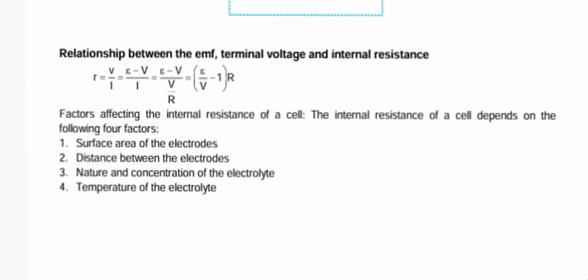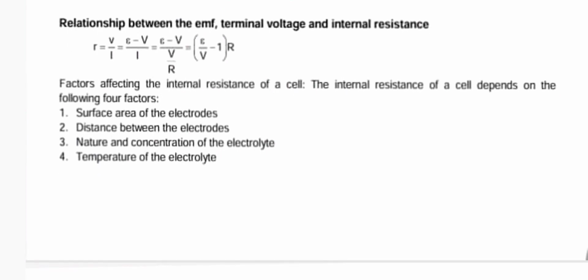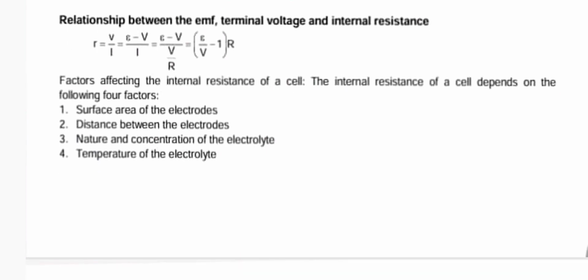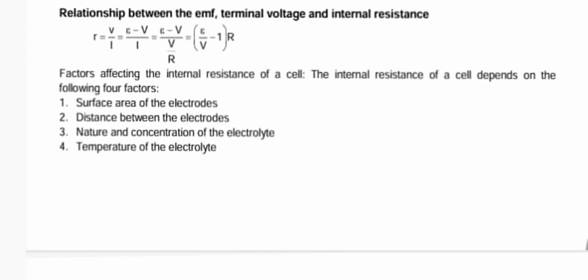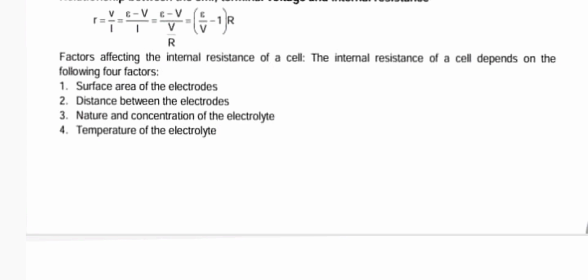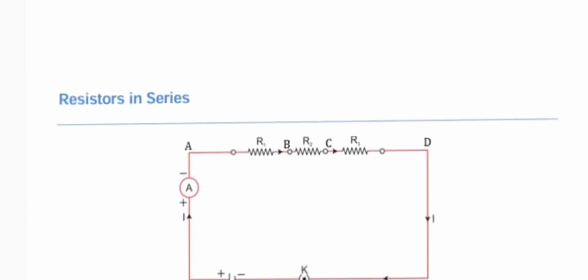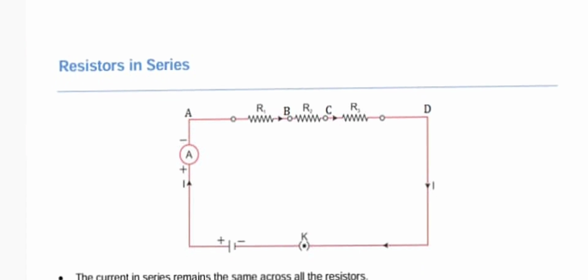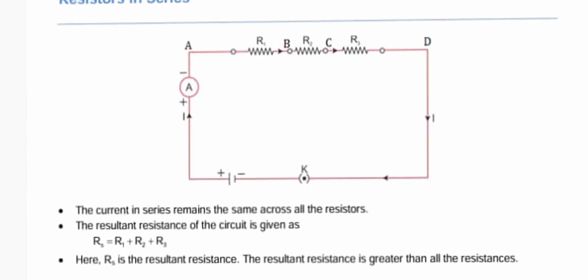Now, factors affecting the internal resistance of the cell. The internal resistance of a cell depends on the following factors: surface area of the electrodes, the distance between the electrodes, nature and concentration of the electrolytes, and temperature of the electrolytes. Now this is the resistors in series, as you can see.